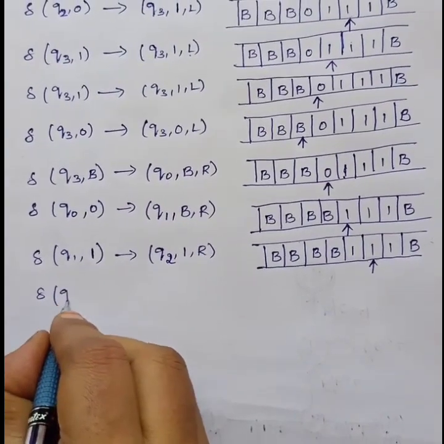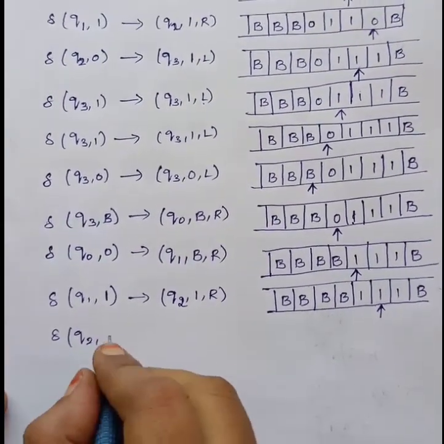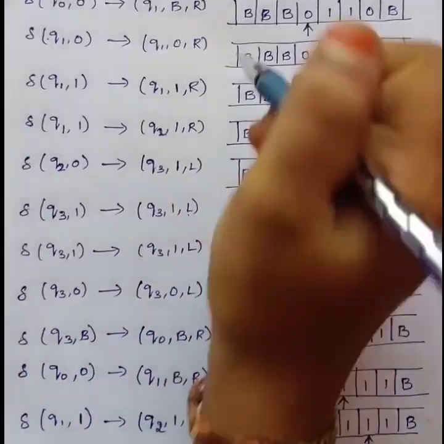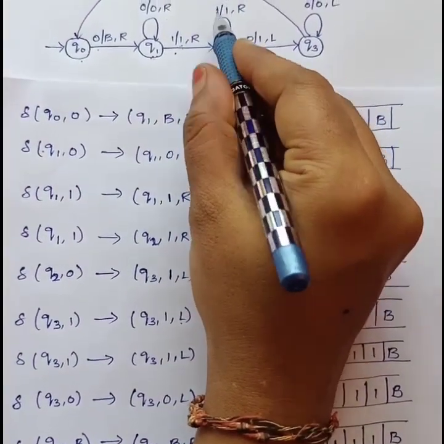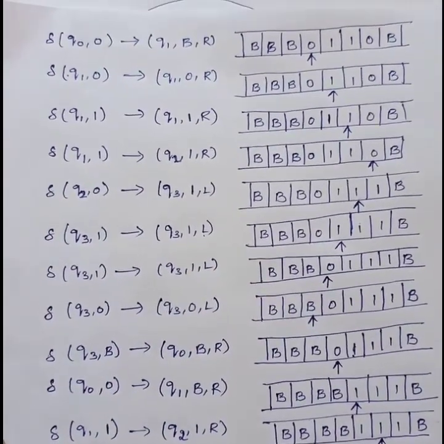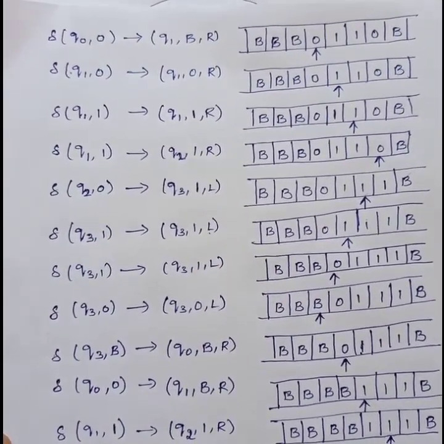Now I am in Q2 state. Now in Q2 state I am getting 1. See the transition diagram again. In Q2 state I am getting 1, which means 1 is replaced as 1 and moving to right.